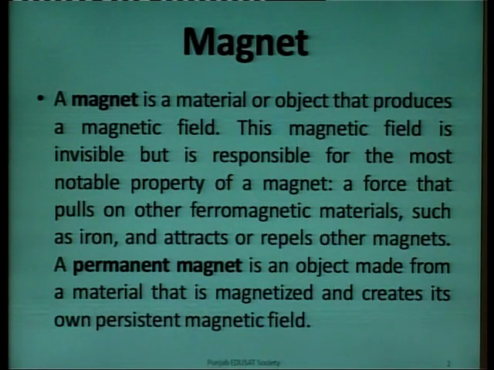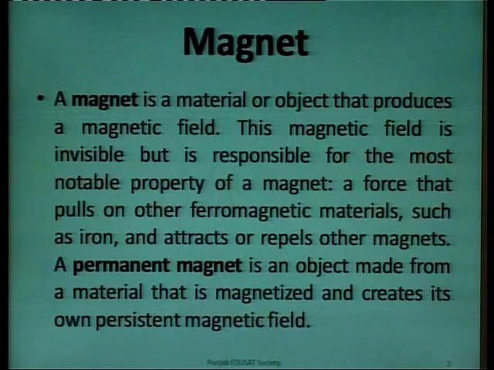First of all, what a magnet is. As we all know, a magnet is a material or object which produces a magnetic field. This field is not visible, but it is responsible for the most notable property of a magnet, that is called a force, which pulls on other ferromagnetic materials such as iron, and it attracts or repels other magnets.